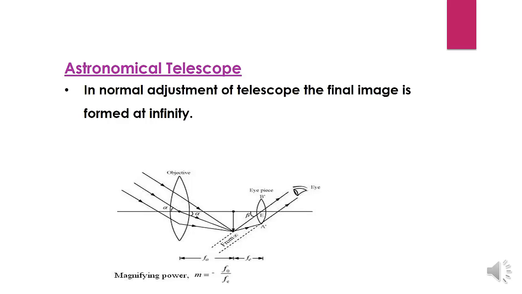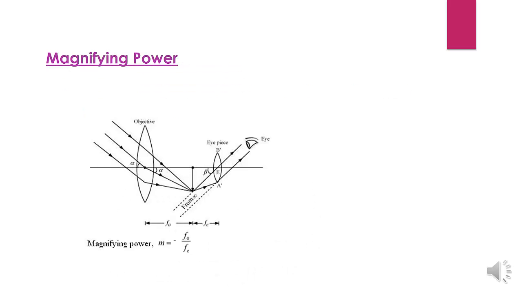Angular magnification also we can find out, beta by alpha, the angle subtended by the image divided by the angle subtended by the object. Beta by alpha, that is angular magnification. These formulas you should keep in mind, then only while doing word questions you can easily find out. See here, magnifying power Fo by Fe.